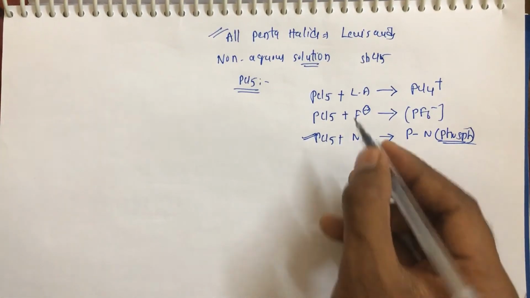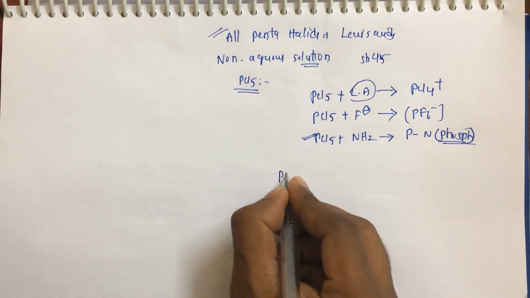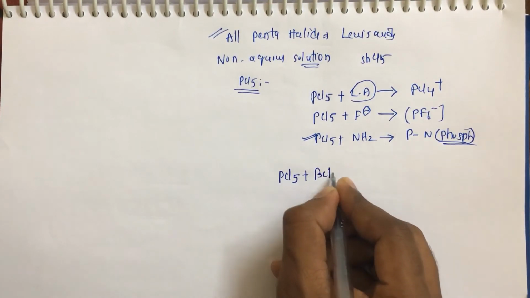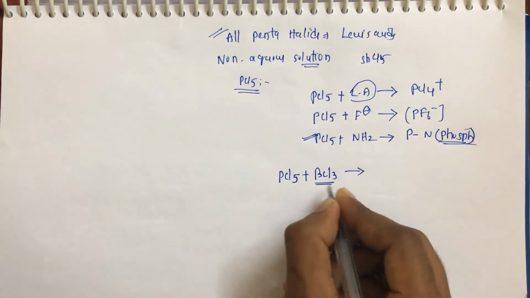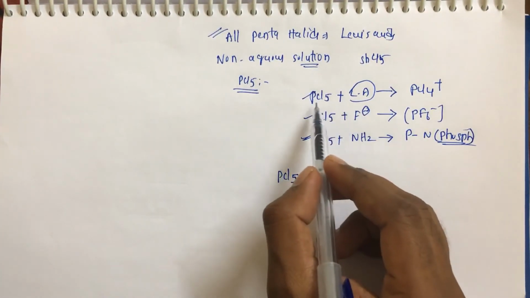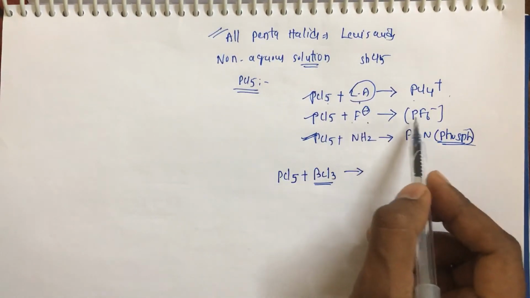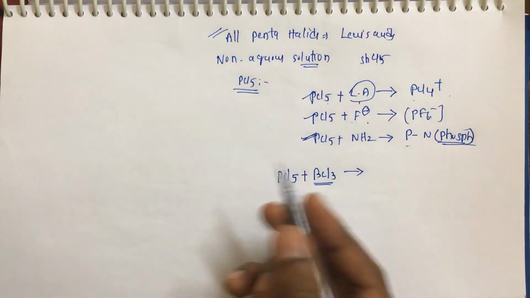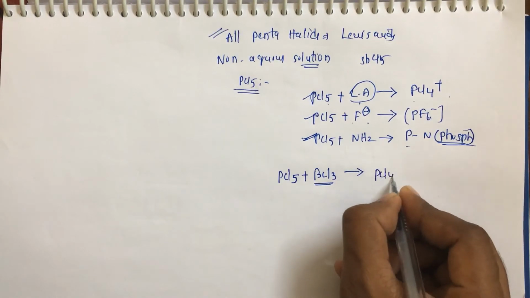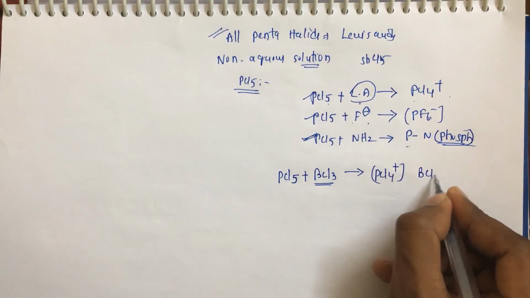What Lewis acid can we take? If they ask what is the product of PCl5 and BCl3, we know that BCl3 is a Lewis acid. Just remember by heart these three things: when reacting PCl5 with a Lewis acid, you get PCl4 plus. You will get PCl4 plus, the chlorine goes from here to here, and BCl4 minus.